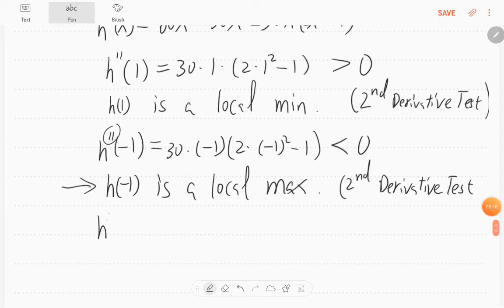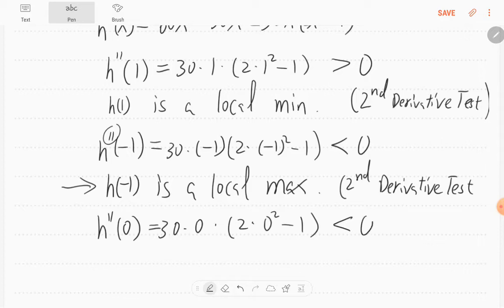But if you plug in 0, it would be 30 times 0 times 2 times 0 squared minus 1. So this would be equal to 0. So that means the second derivative test fails.